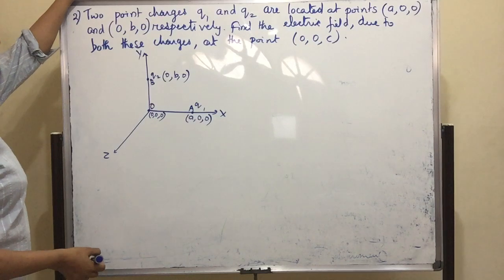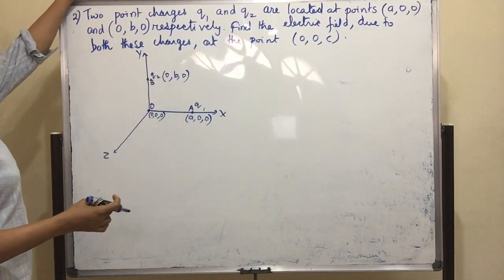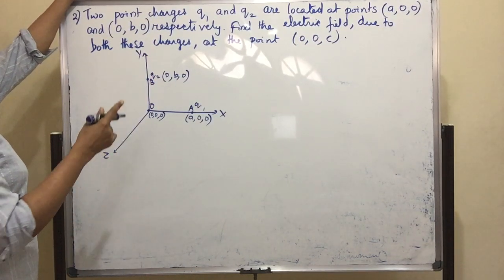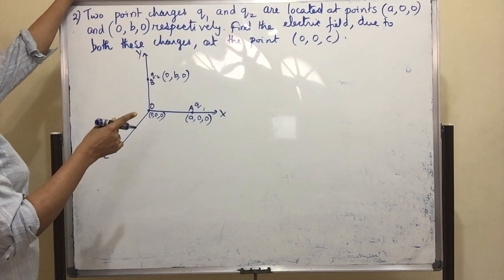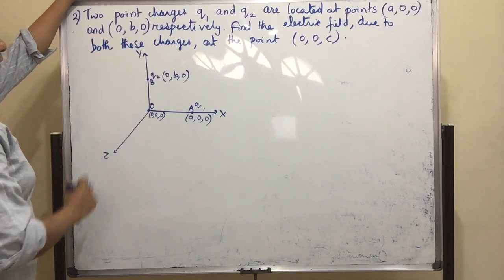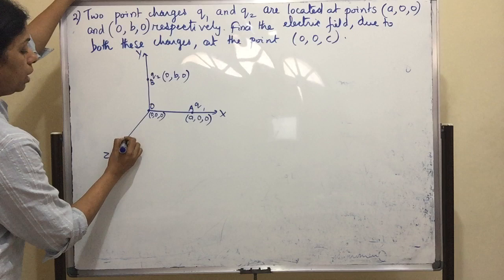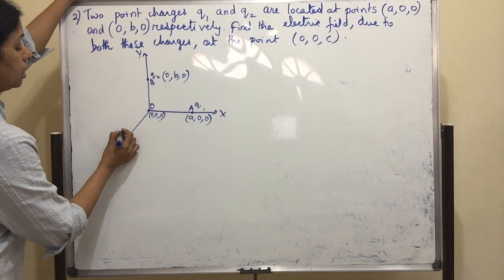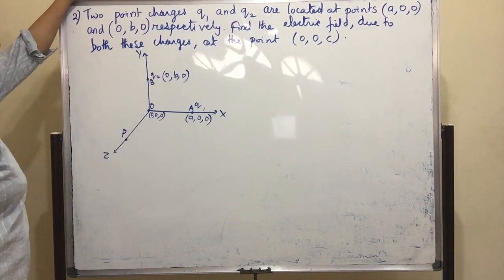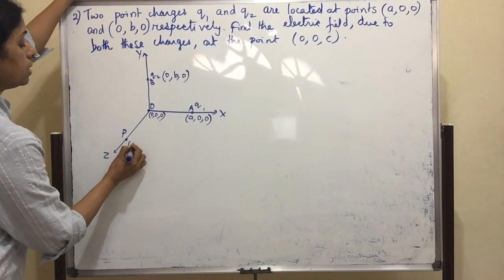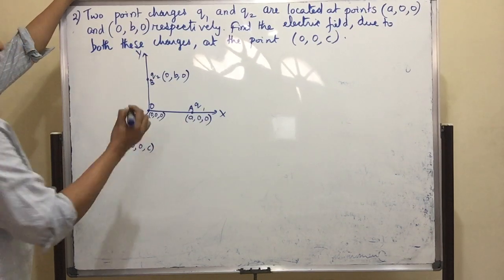Where is this point located? The coordinates are (0, 0, C). That means the point is on the z-axis. So, I am going to give this point the name P at coordinate (0, 0, C).